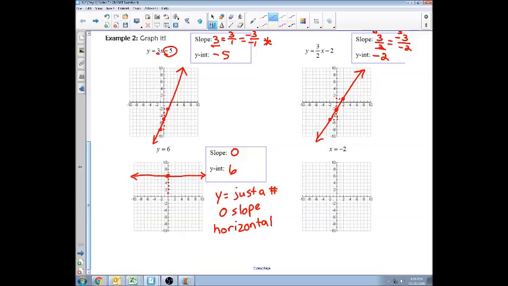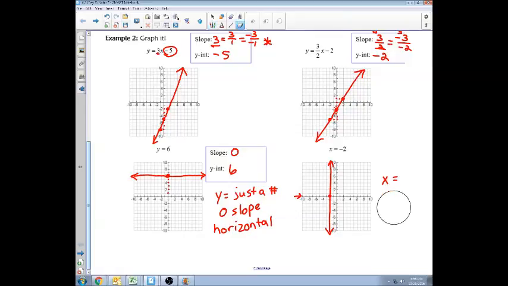Now, what happens if I have x equals negative 2? Well, my x-axis is this one. So I would go to negative 2 on the x-axis. That's here. And I'm going to have a vertical line. Okay? So anytime I have x equals, my slope is undefined.